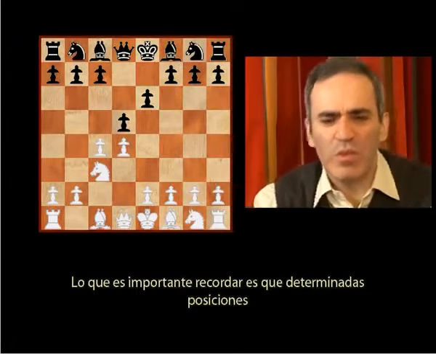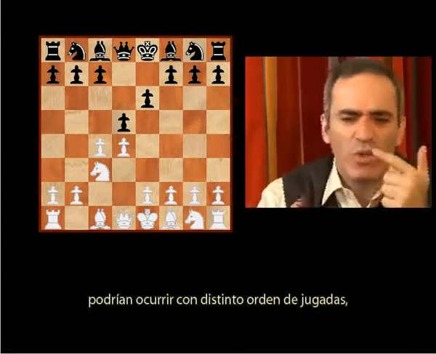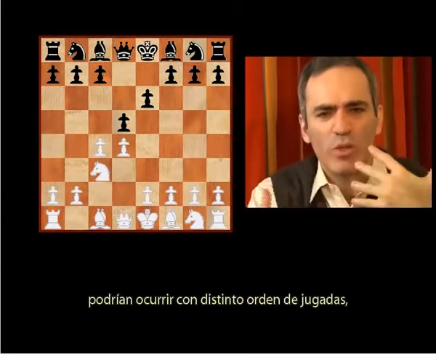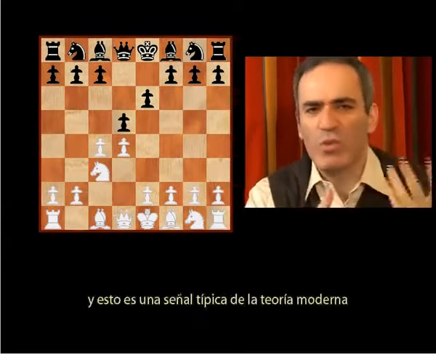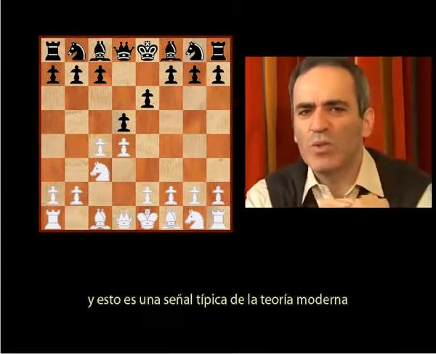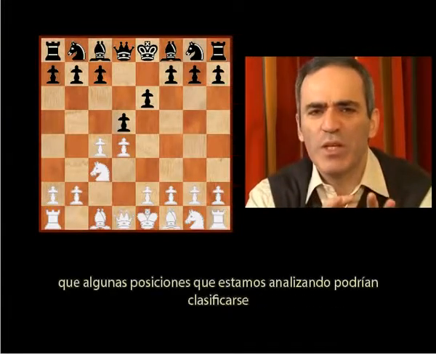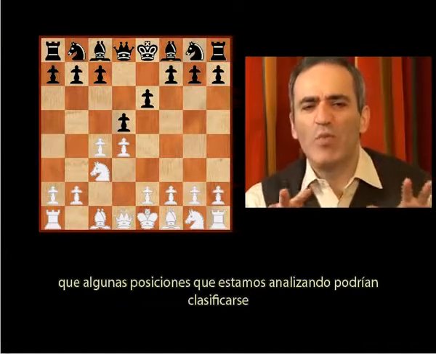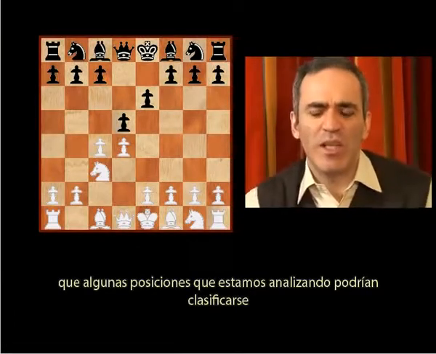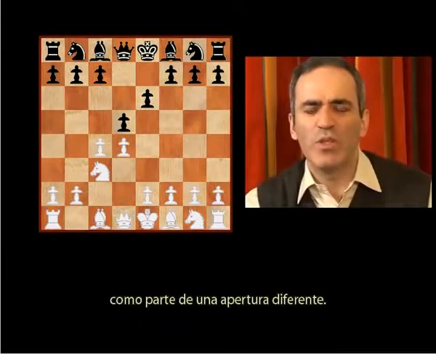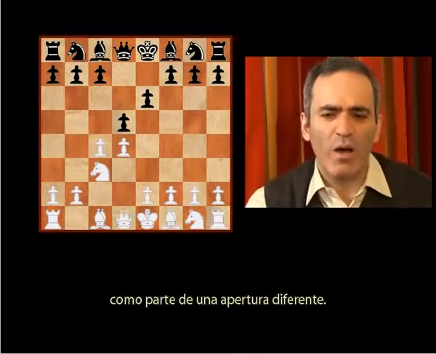What is important to remember is that certain positions could occur with different move orders, and this is a typical sign of the modern theory, that some positions that we are analyzing could be classified as something from a different opening.